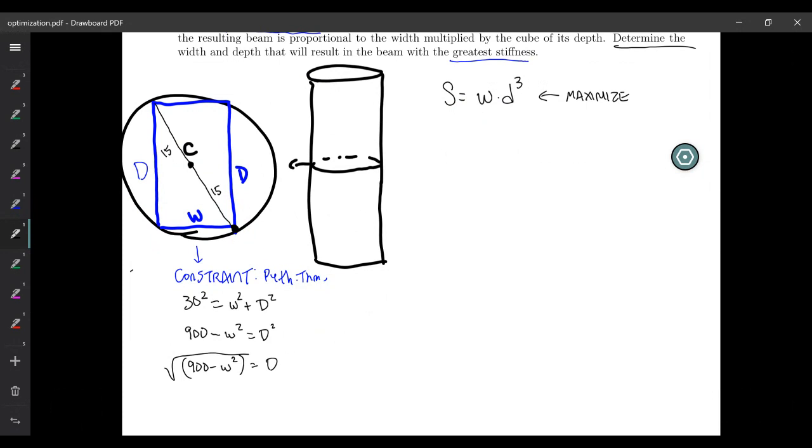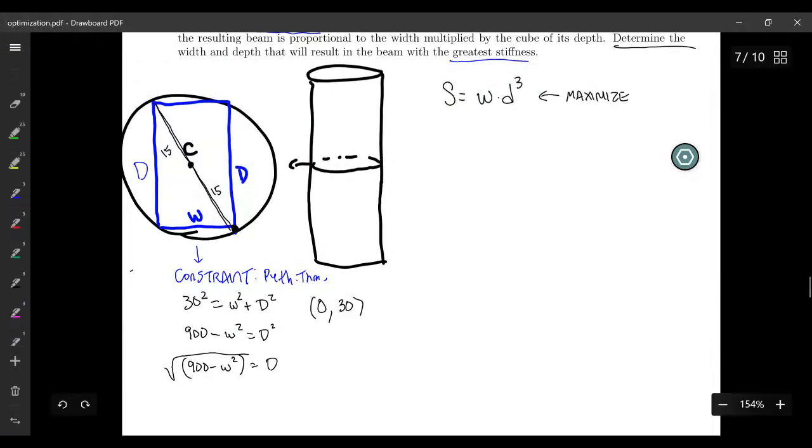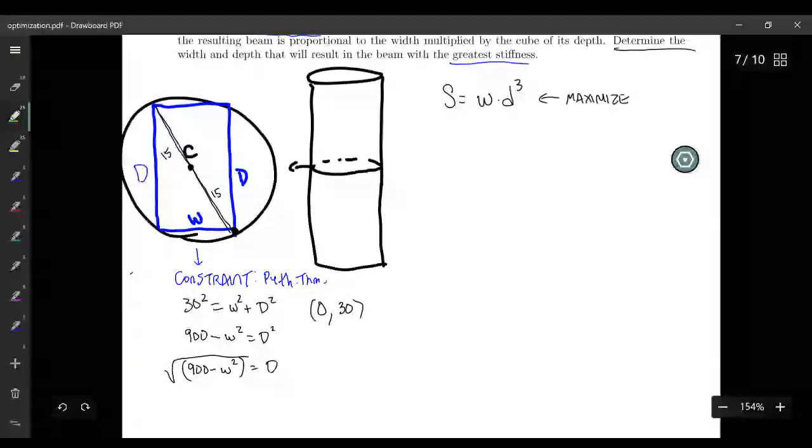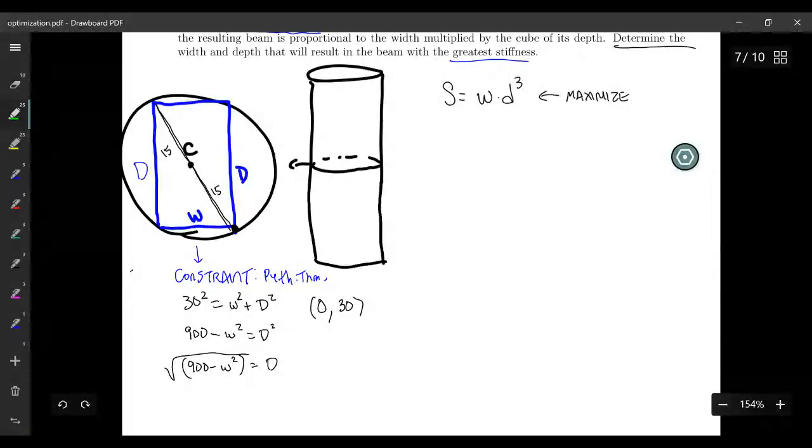It also tells me that my domain would be 0 to 30, because this is a triangle, and 30 would be the biggest side, the hypotenuse. So that's the things I'm looking for: a function in terms of one variable. I'm about to do that.